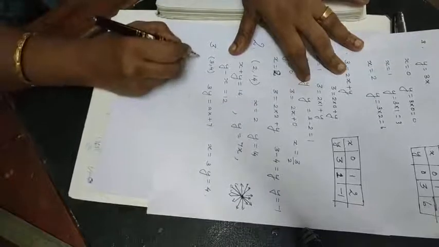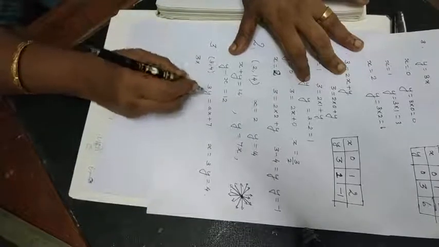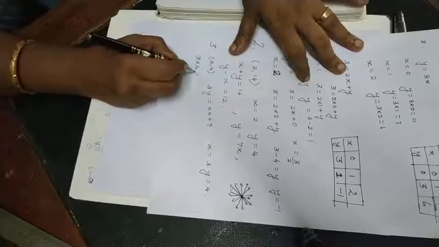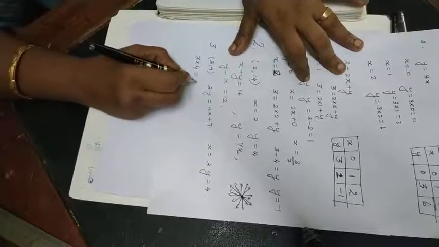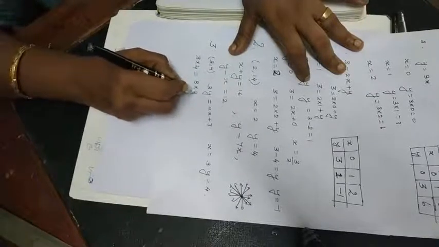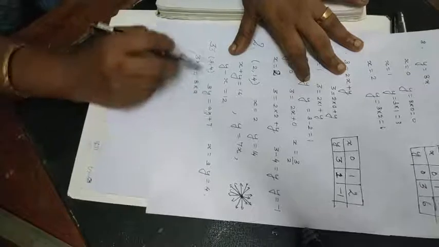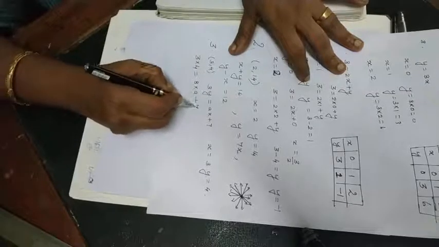So what you will get? 3 into y, that is 3 into 4, is equal to 3 into a, x is 3, then plus 7. Okay.